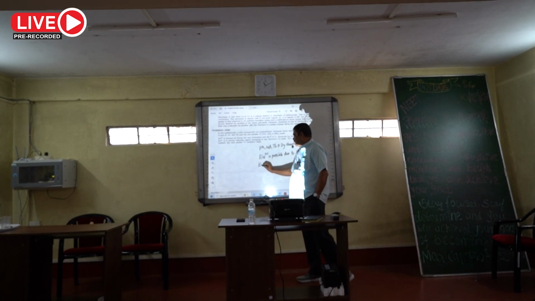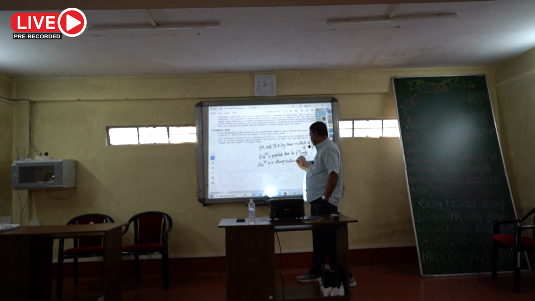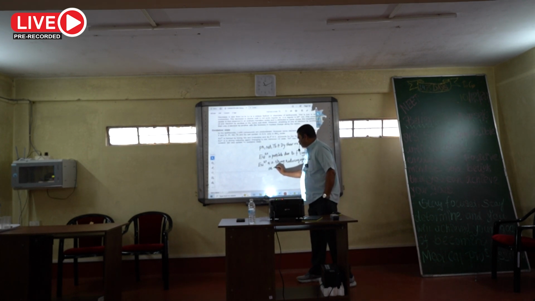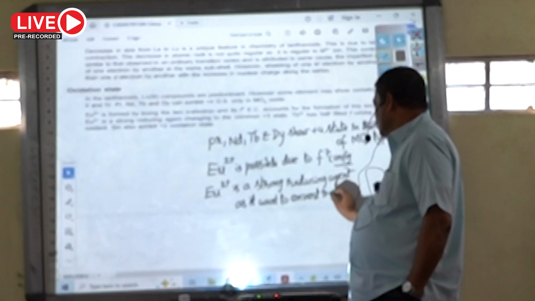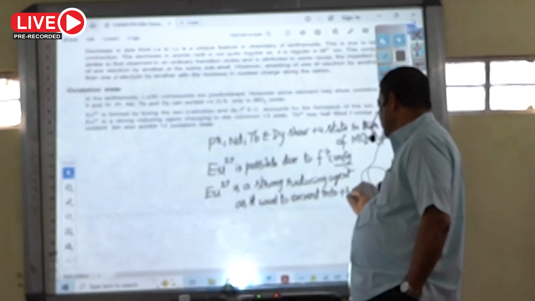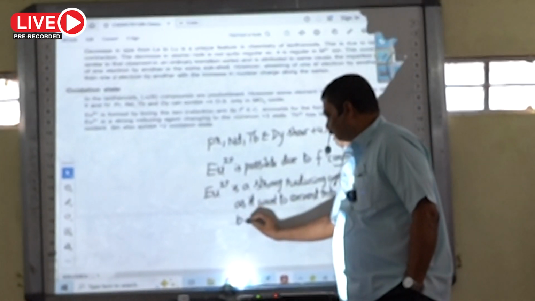Eu2 plus is a strong reducing agent as it wants to convert into +3 state by losing an electron.